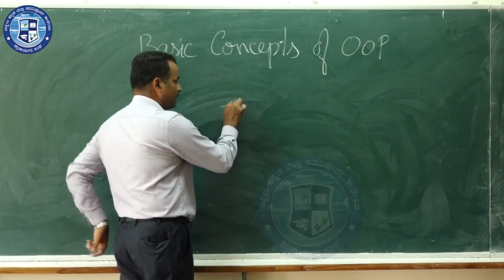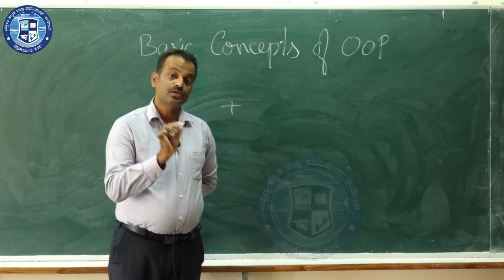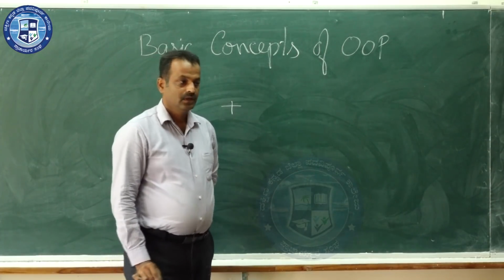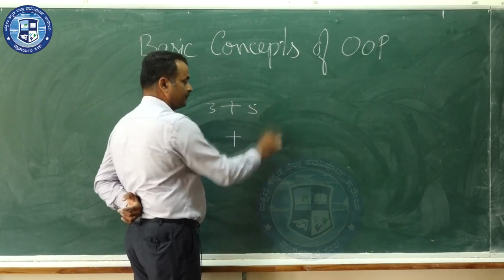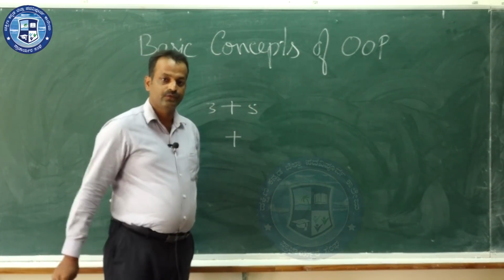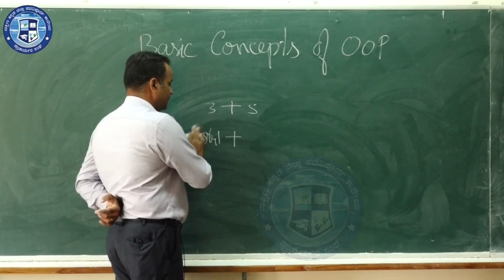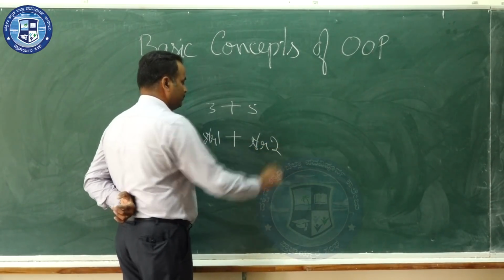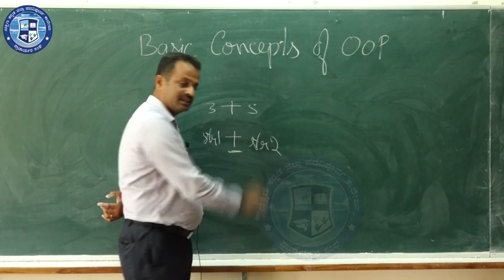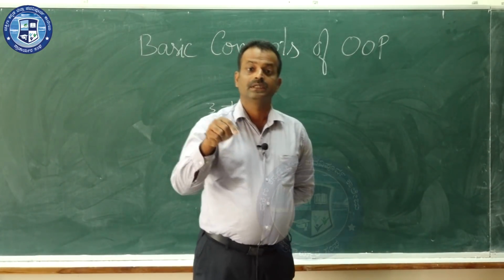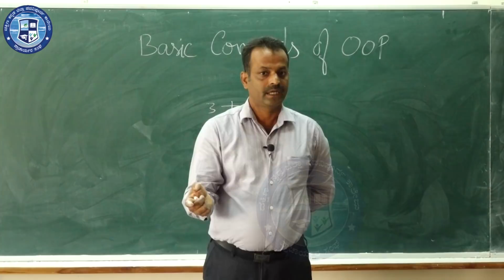For example, plus is an operator basically used to add two numbers, say 3 plus 5, which adds 3 and 5. If str1 and str2 are variables of type string, and I am able to add them using the plus symbol, then I am making the plus symbol operate on strings. String is a new data type.